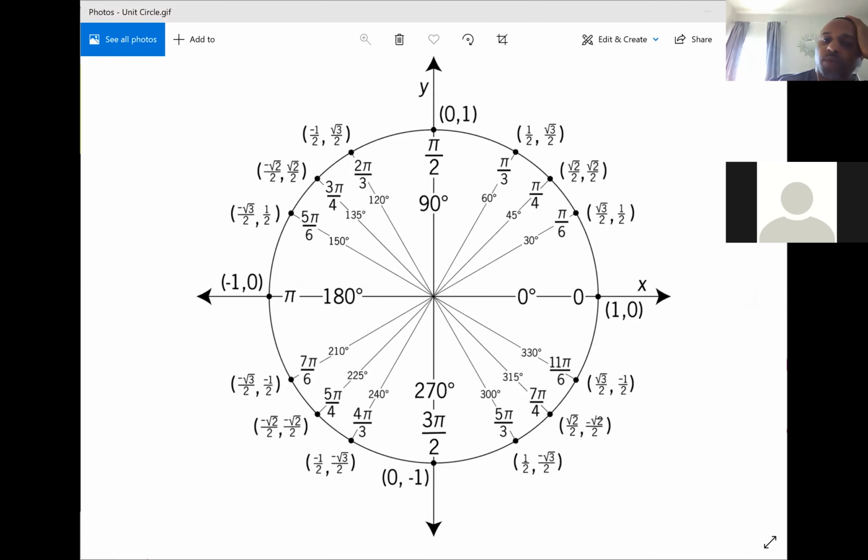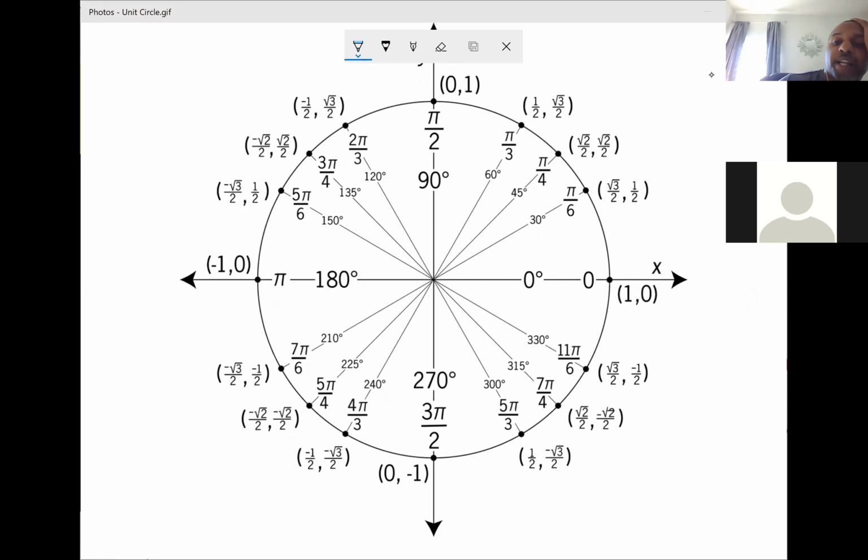So when we look at where, remember sine is my y coordinate. If you look at where negative 1/2 exists as the y coordinate, that's at 7 pi over 6 and 11 pi over 6. All right. So those are our two answers.